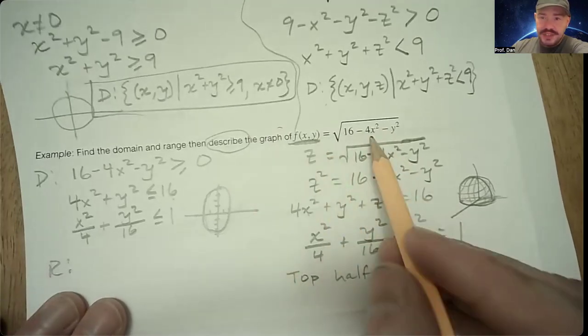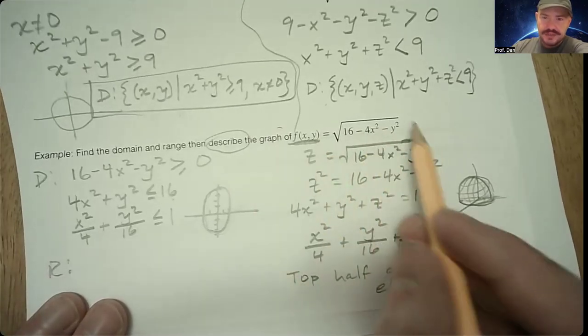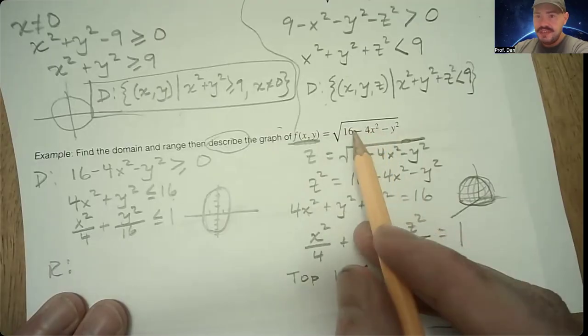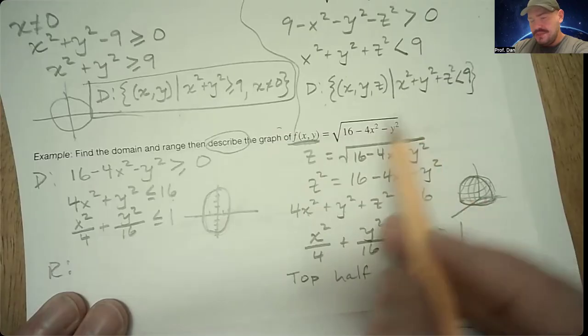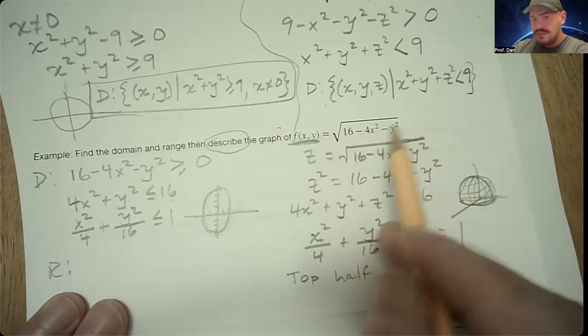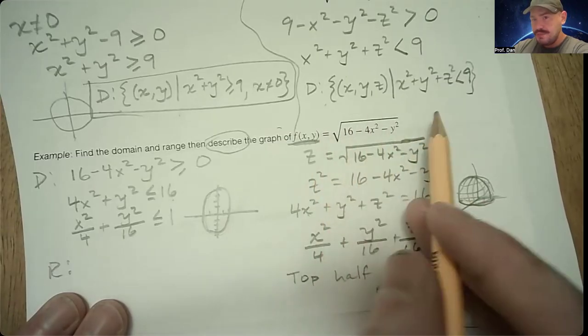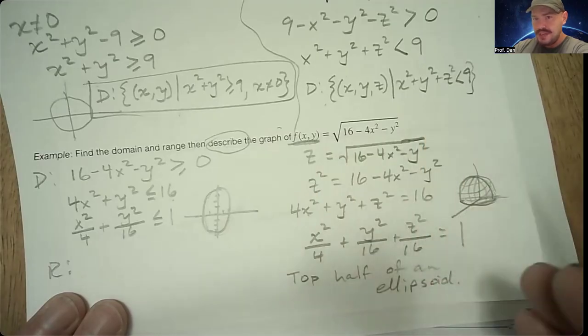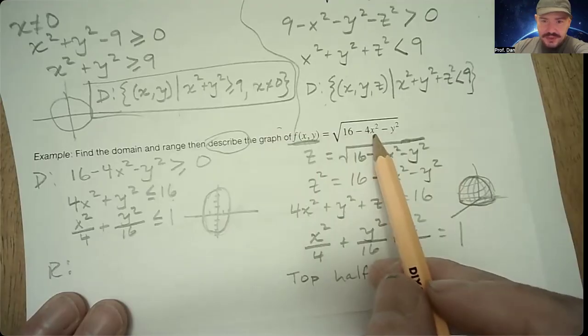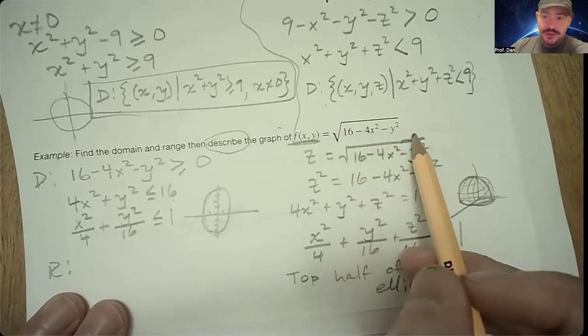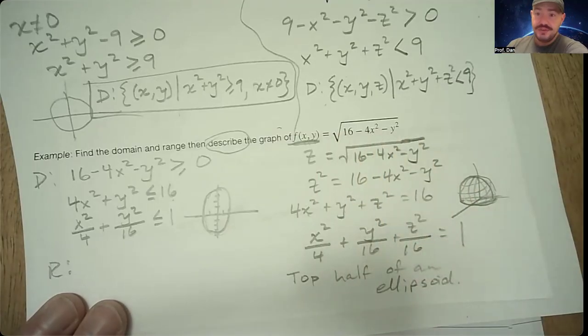If I were to plug in x and y so that this can be calculated, what are the possible values? I know that if I take the positive square root of something, I always end up getting a non-negative number. Meaning if I chose the right x and y, I could make this 0, and the square root of 0 is 0.